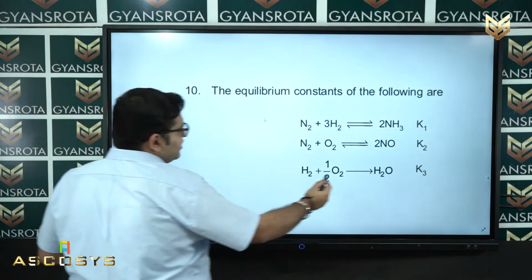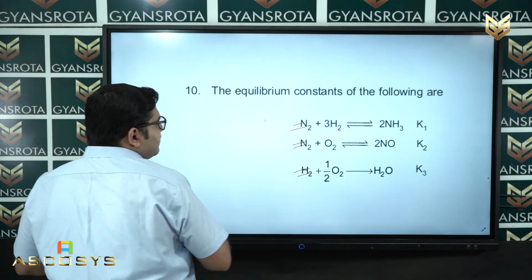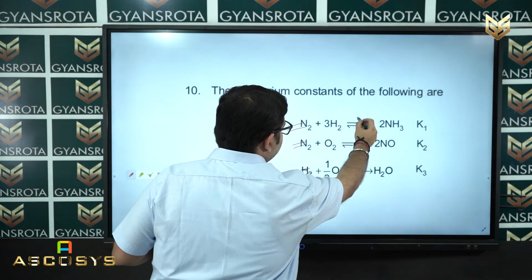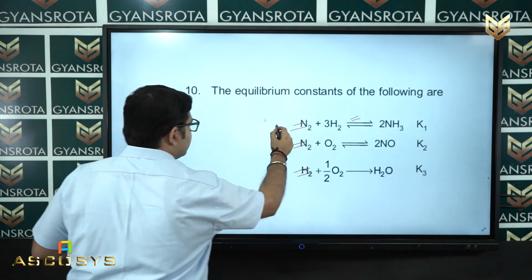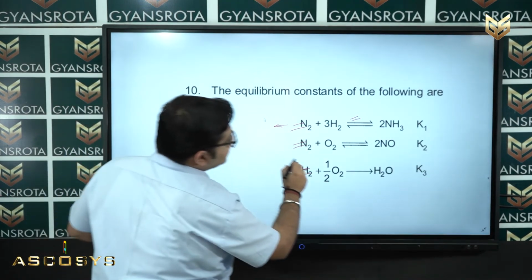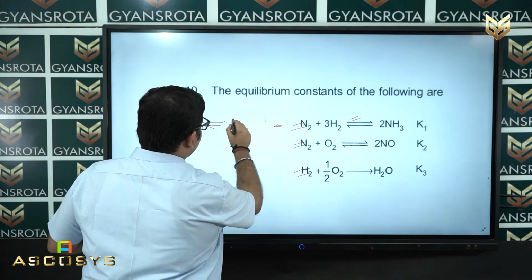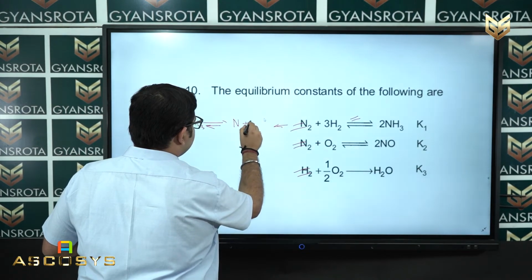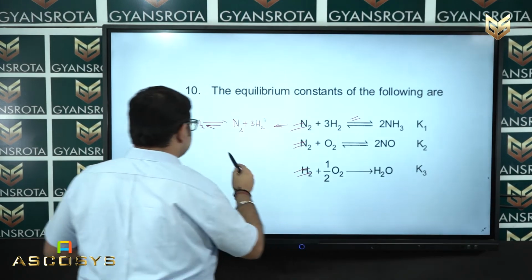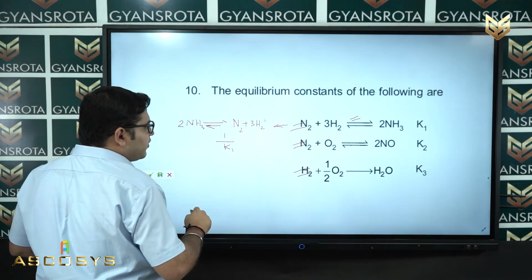So, if you see these 3 reactions, they are given to you. First, let us see this one. First of all, reverse this reaction. So, if I reverse this reaction, that is NH3 to N2 plus 3H2, what will happen is this constant also goes to the reciprocal.